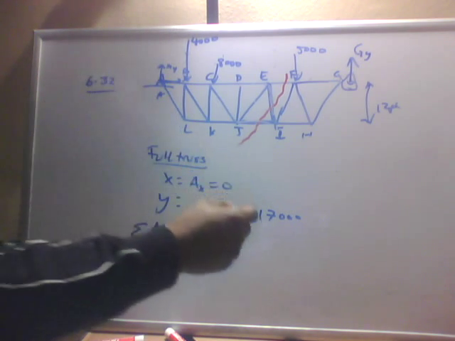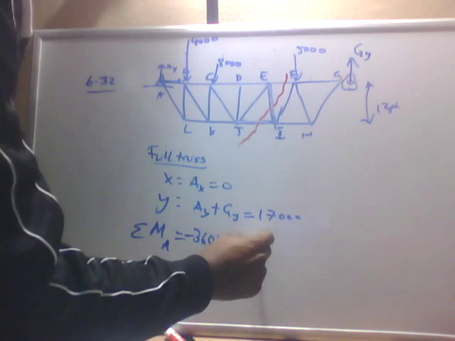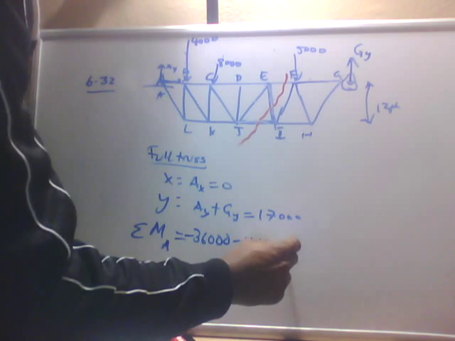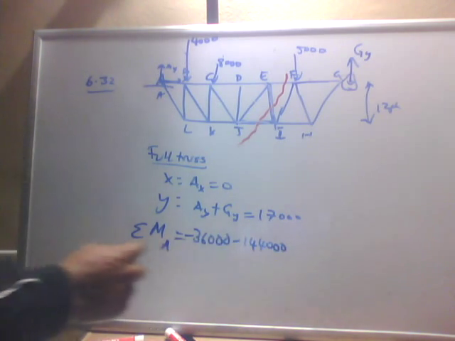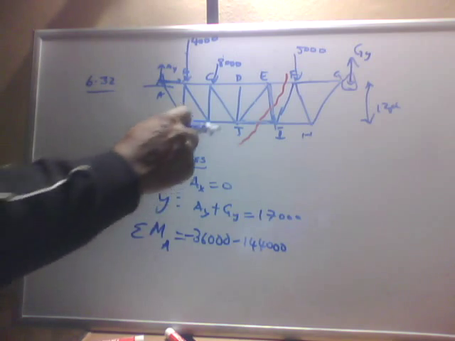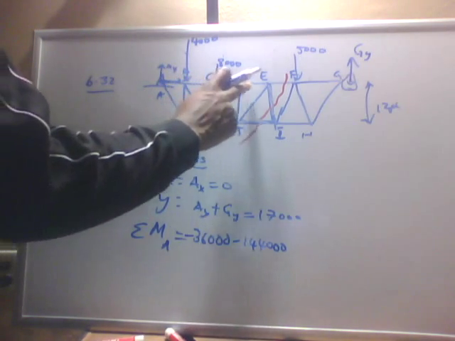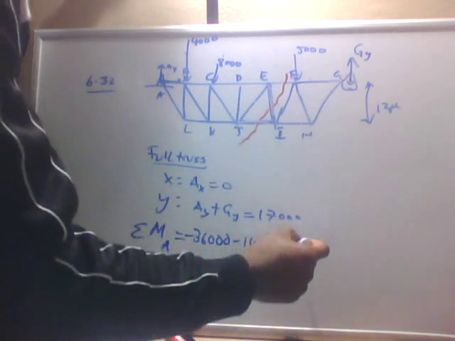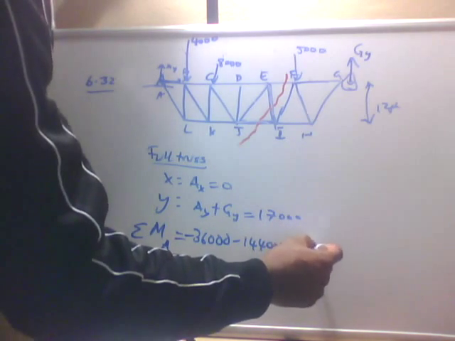Did I get it right? 144,000 also, also negative because it's clockwise. 5,000 times 1, 2, 3, 4, 5.